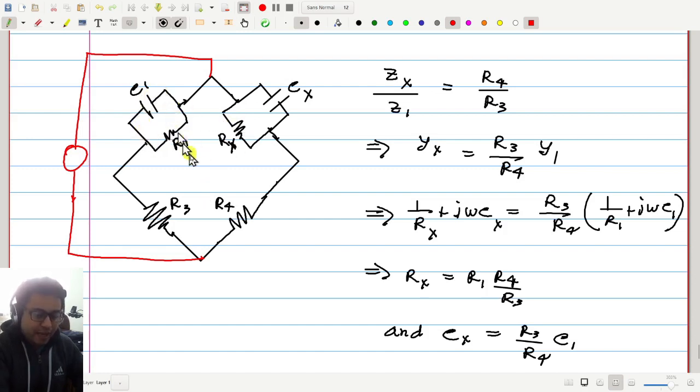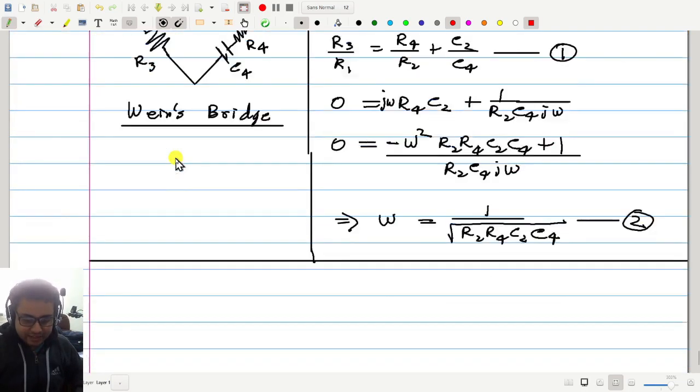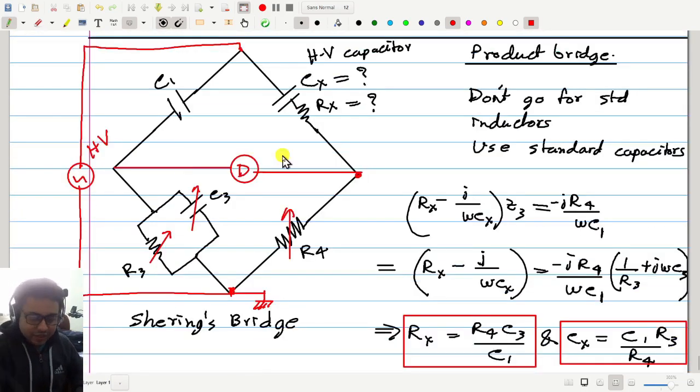It is impossible to balance this bridge by controlling only these two arms. So if I had made such a bridge, then I have to control these two impedances, and therefore I have to work with higher voltage, even if this end is grounded. Because this voltage is high, this voltage will also be high, and this is a bit more risky than this one. That is one advantage of this bridge.